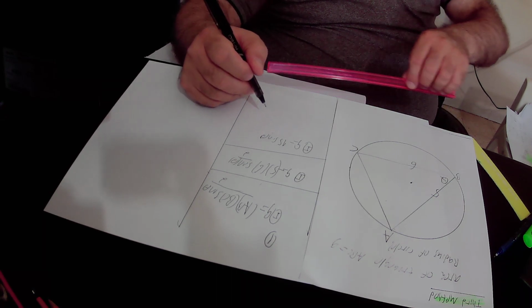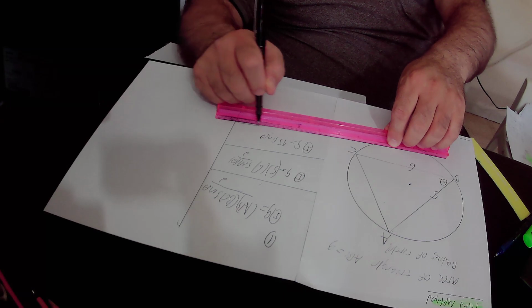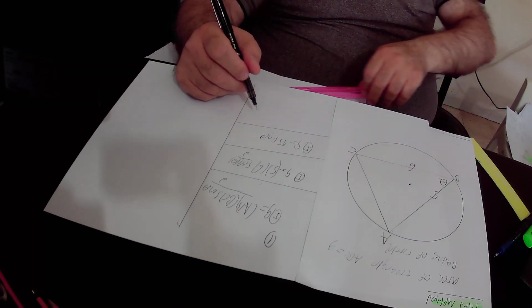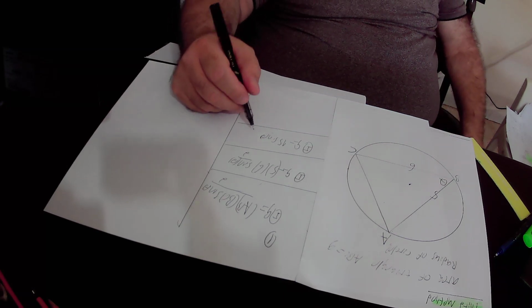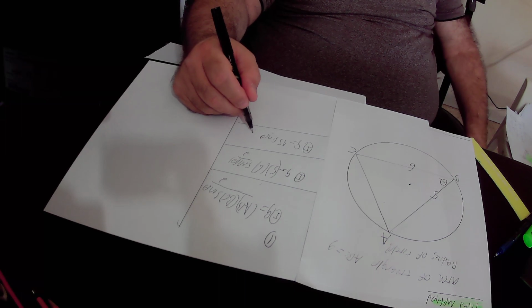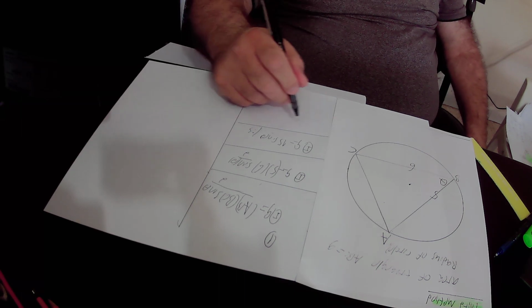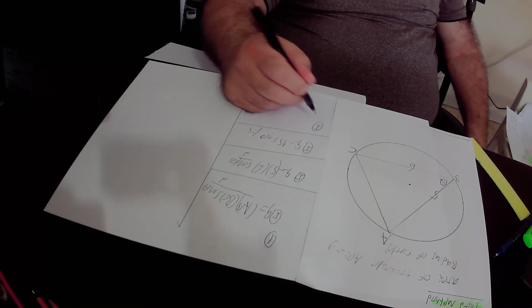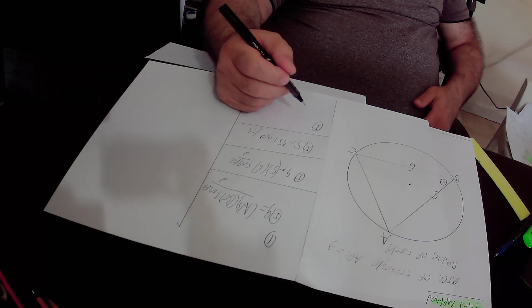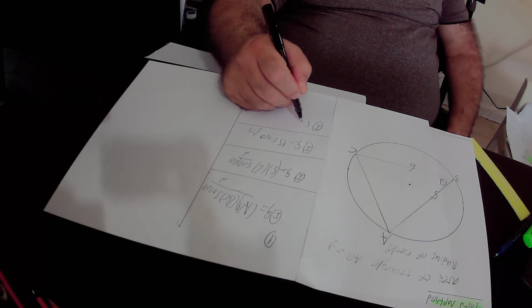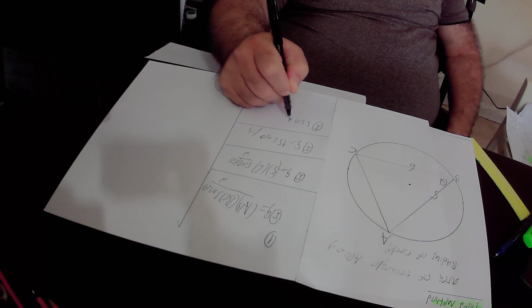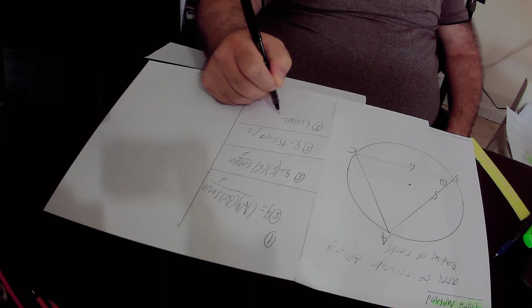So in conclusion, we found out that according to equation number 1, 9 equals 15 sine theta. Here we divide this equation by 3, and we get that 15 over 3 is 5, so 5 times sine theta equals 9 over 3, which is 3.